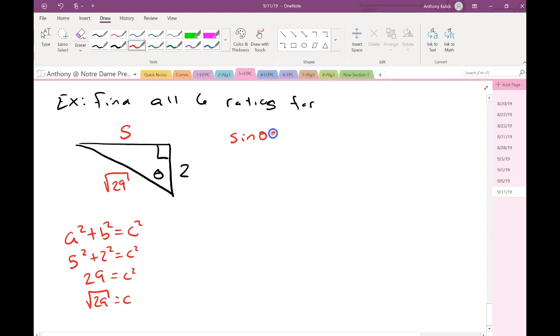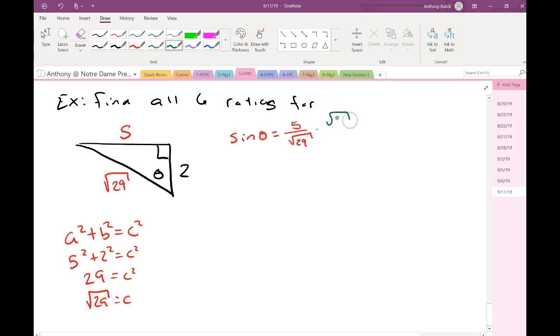So what is sine theta? Great. 5 over root 29. Are we going to leave that as our final answer? No. What should we do?